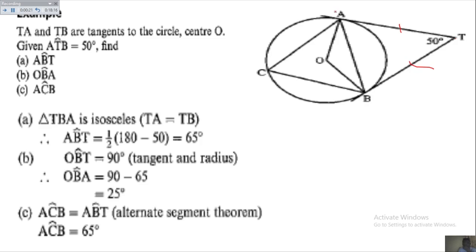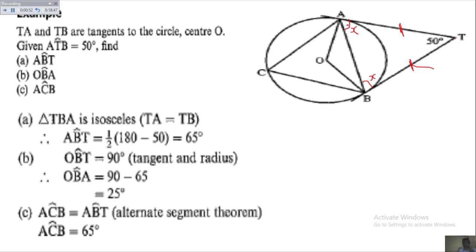And if it is equal, this angle here and this angle here are going to be equal because these are the base angles. This is what we call an isosceles triangle. If this length and this length are equal, then they form an isosceles triangle. Then the base angles here will be equal as well. This should be x, that one will be x.